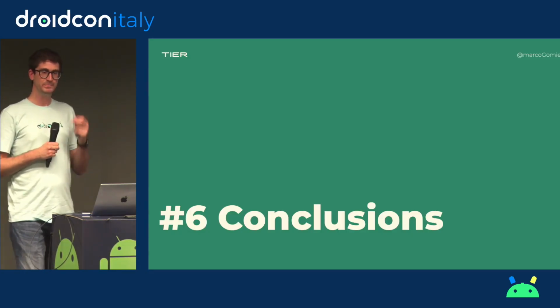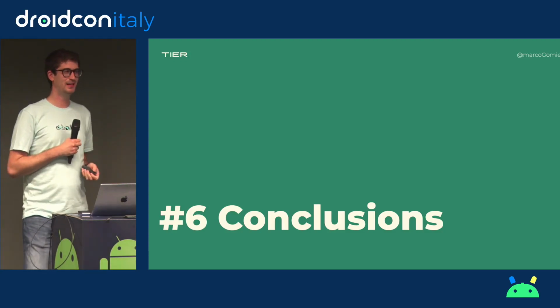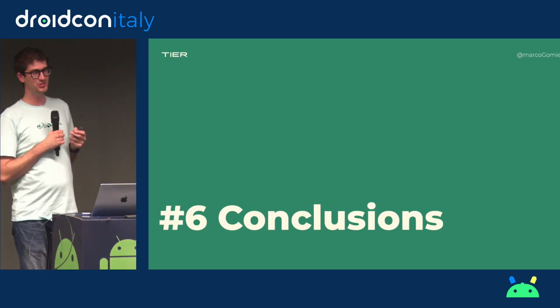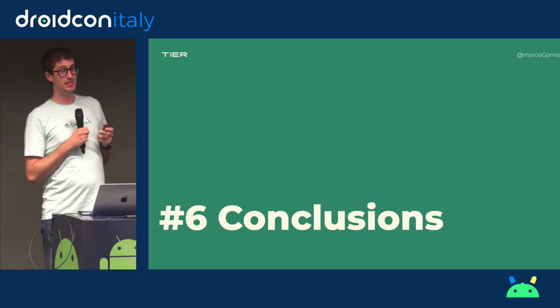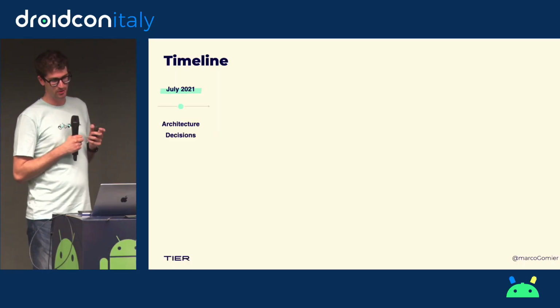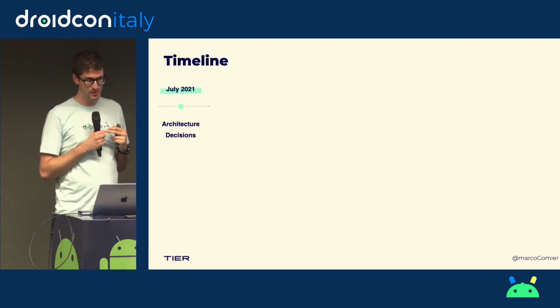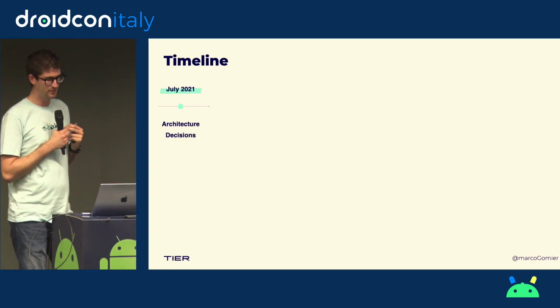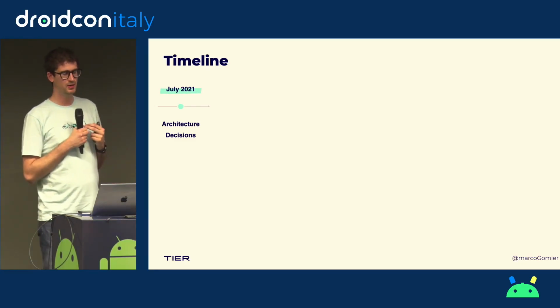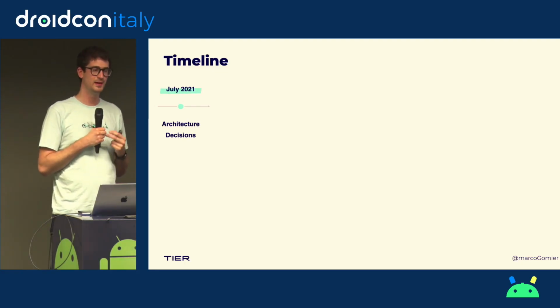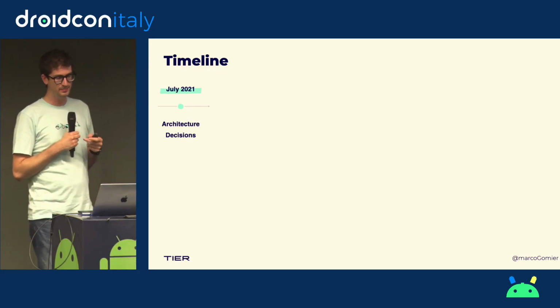Okay, it was quite a long journey with a bit of roadblocks, but we managed. So let's try to sum it up with some conclusions. We started back in July 2021, so more than a year ago, with the first architecture analysis, with the whiteboard and stuff like that.